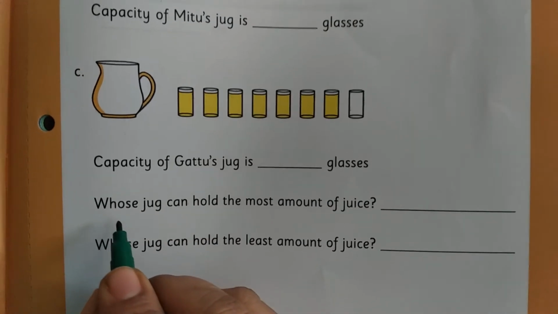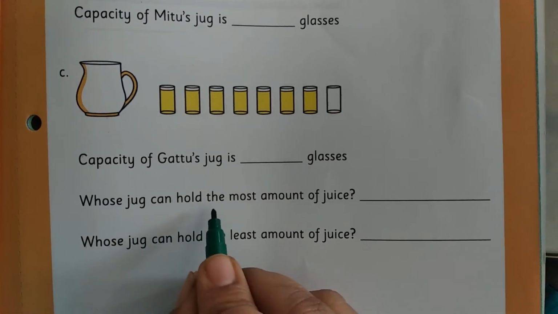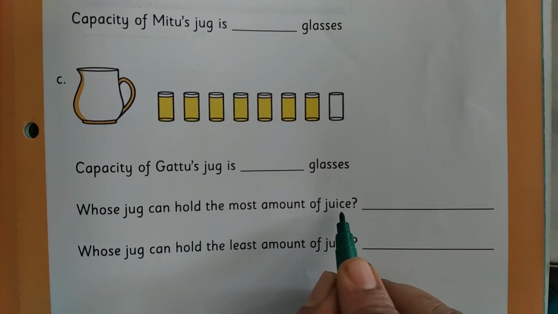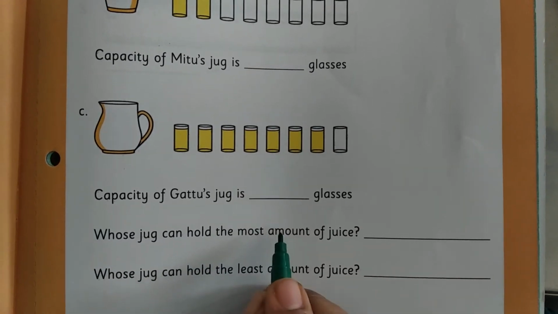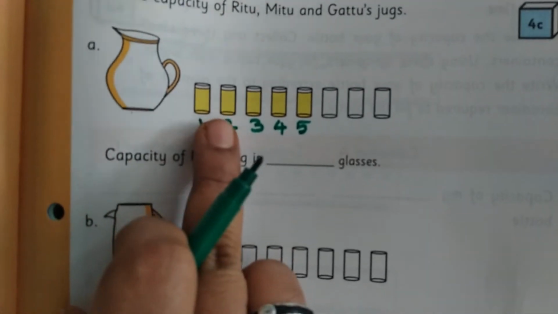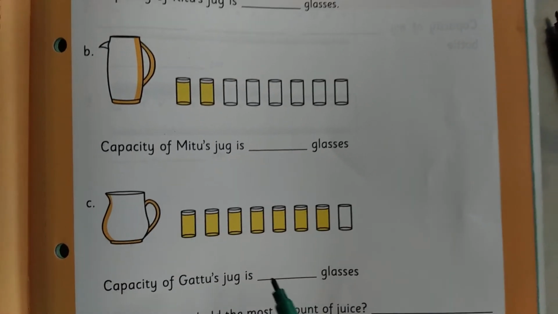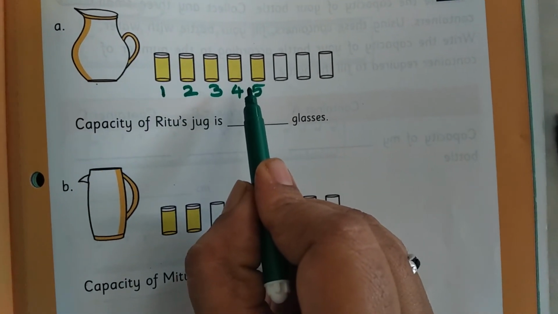Now see here, two more questions they have asked. Whose jug can hold the most amount of juice? So you want to compare. Out of these three, Ritu's, Mitu's and Gattu's, whose jug can hold more juice? See here, 5 glasses of juice are there.